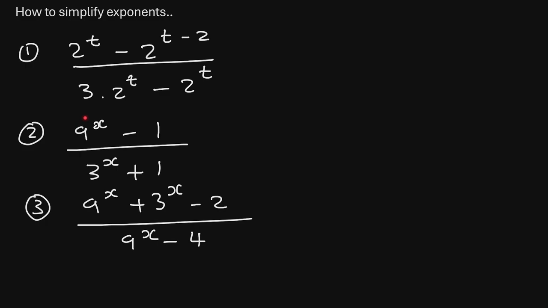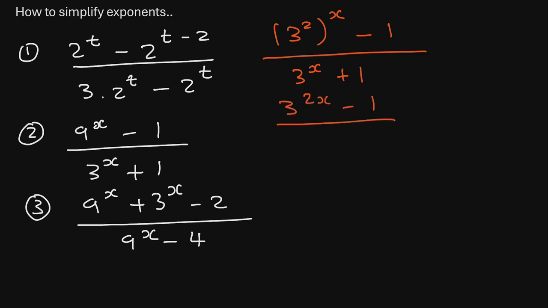So what is 9? 9 is 3 to the power of 2, all to the power of x, minus 1, all divided by 3 to the power of x plus 1. Now we can simplify, the 2 will multiply with x. Therefore what we have is 3 to the power of 2x minus 1, all divided by 3 to the power of x plus 1.